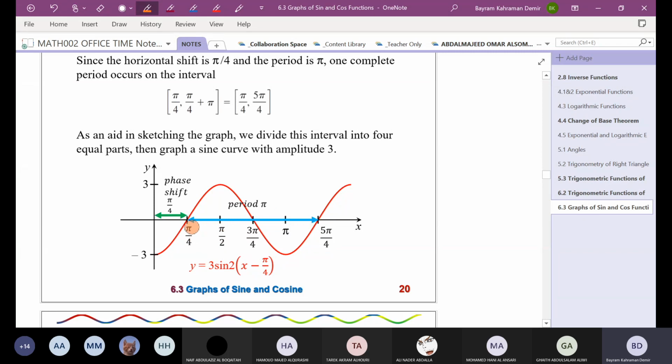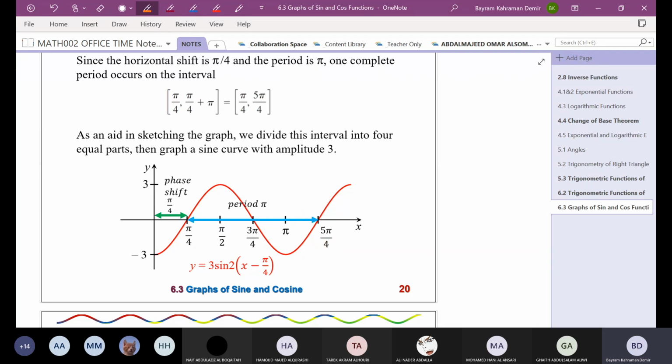So pi over 4 plus pi over 4 is pi over 2. Pi over 2 plus pi over 4 is 3 pi over 4. 3 pi over 4 plus pi over 4 is pi, right? And pi plus pi over 4 is 5 pi over 4. That is how we find these important points, Shabab.